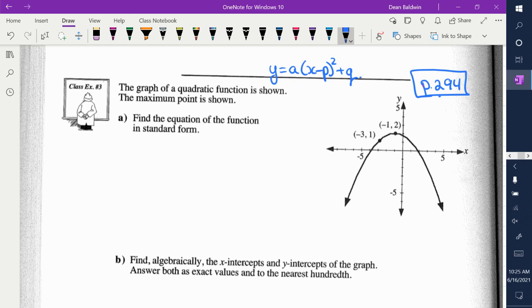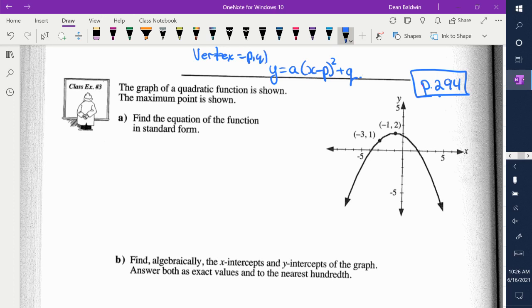So what do P and Q represent? The vertex, right? P and Q are the vertex, so the vertex equals (P, Q).